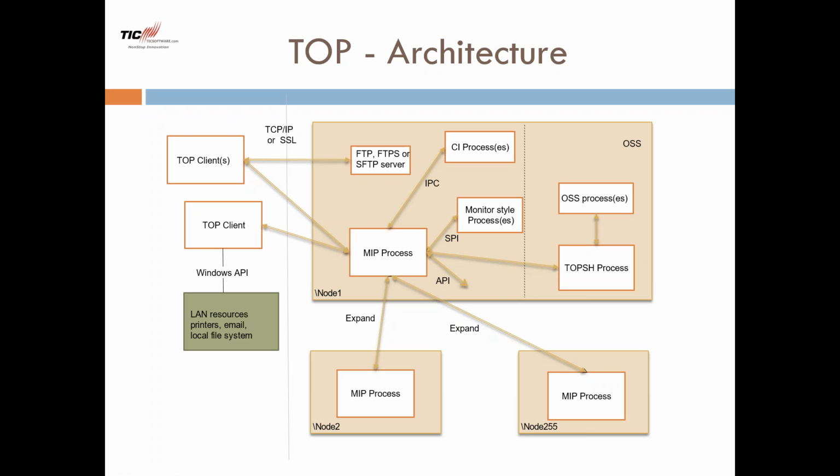Here's something I want to give you a preview of, which I'll come back to later. Because all the TOP clients have to go through the MIP process, it allows us to provide an additional layer of security, permission and access beyond Safeguard and Guardian.